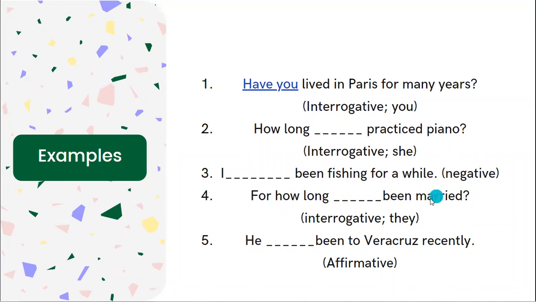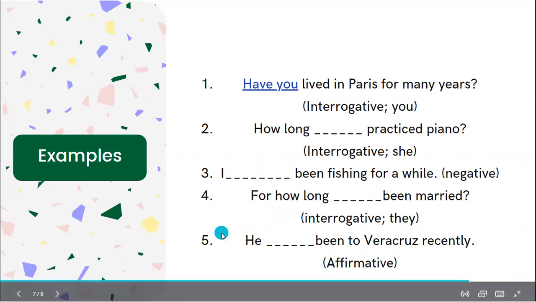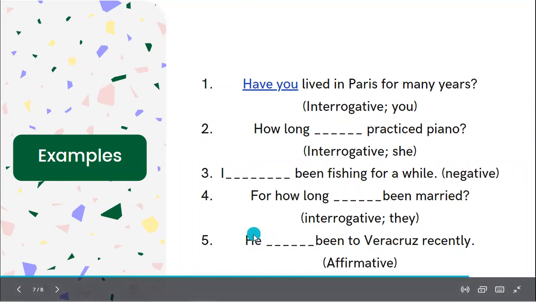Okay. And finally, we have he, affirmative: he has been to Veracruz recently. Because this is an affirmative form, we're going to start with the subject, then the auxiliary verb has, and then the past participle plus a complement.